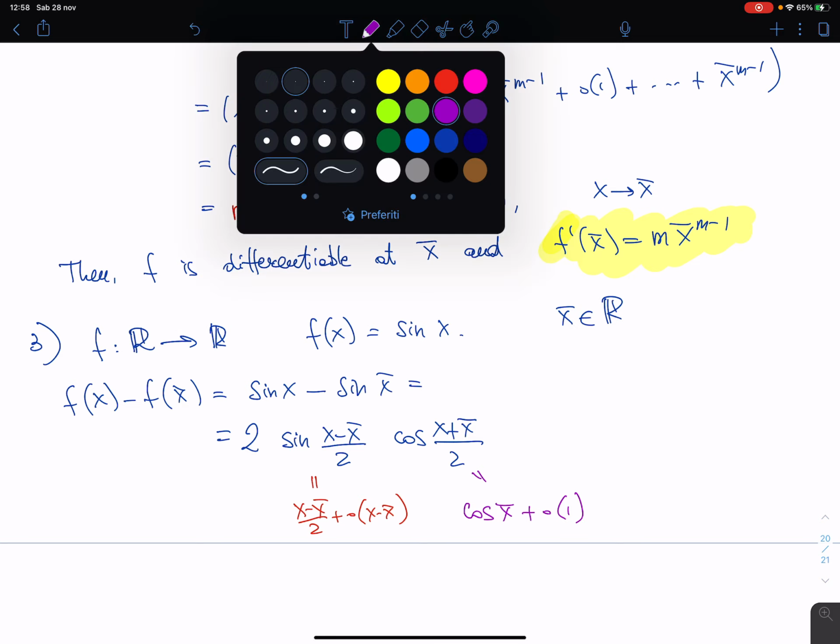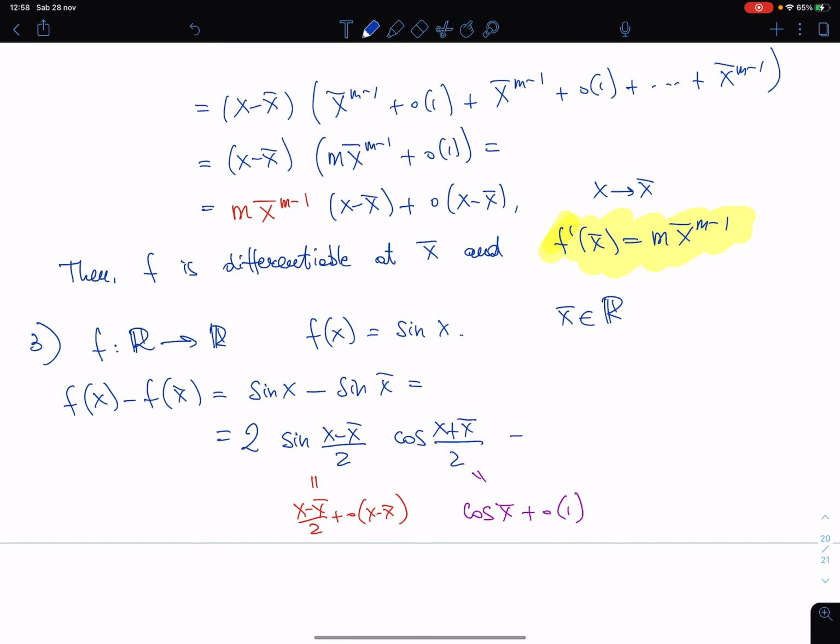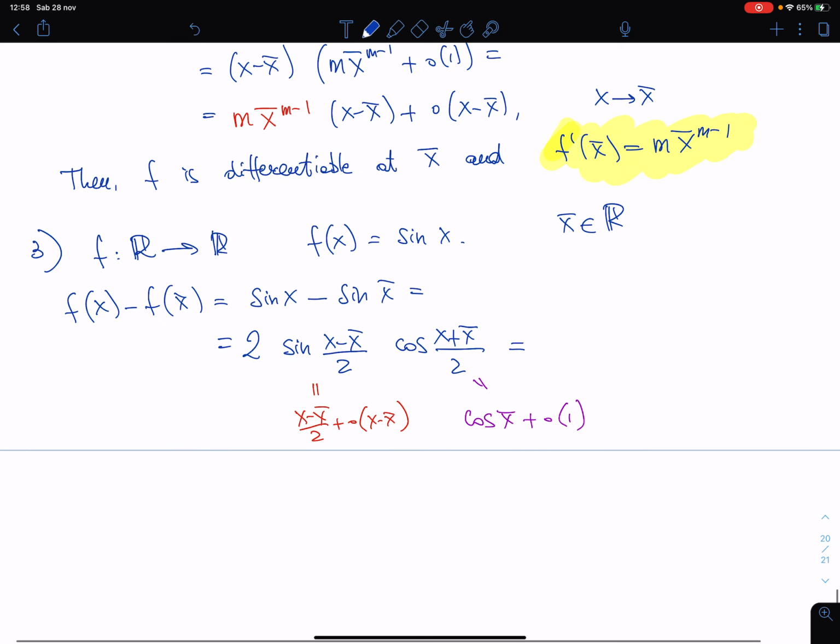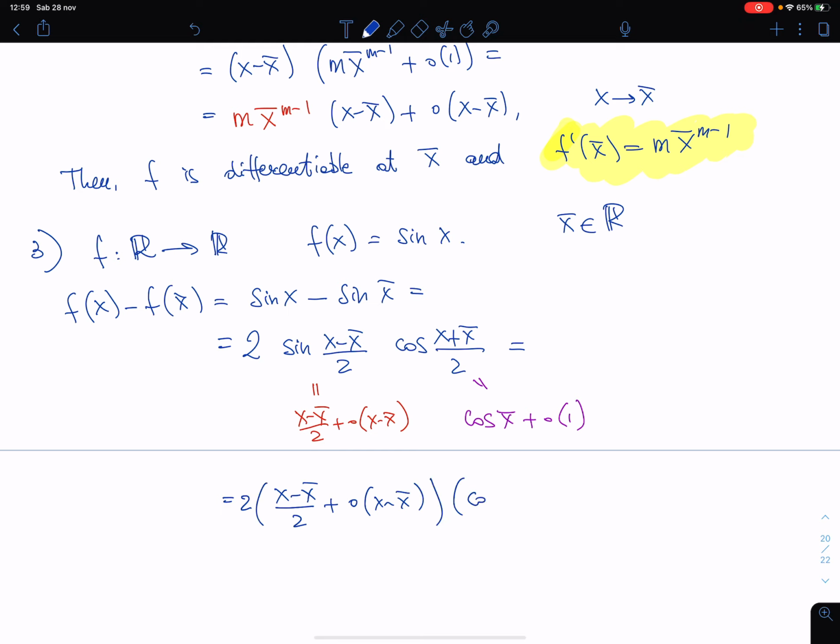So developing everything, we find 2 times ((x minus x bar) over 2 plus little o of x minus x bar) times (cosine of x bar plus little o of 1).